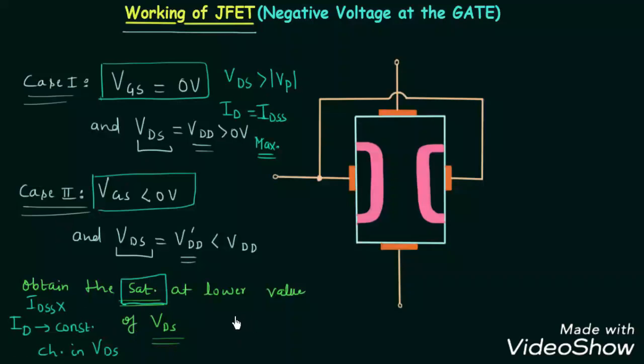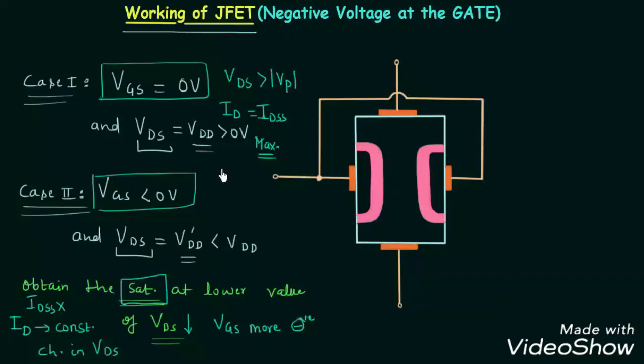Now let us see how we can obtain the saturation condition in case number 2. You can see VDS is smaller compared to case number 1, and when VDS is smaller, we need to make VGS more negative. And we are doing this to have the same width of depletion region as in case number 1.